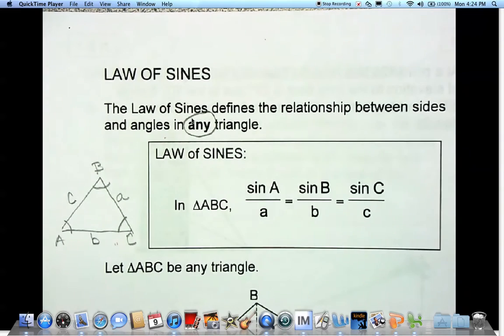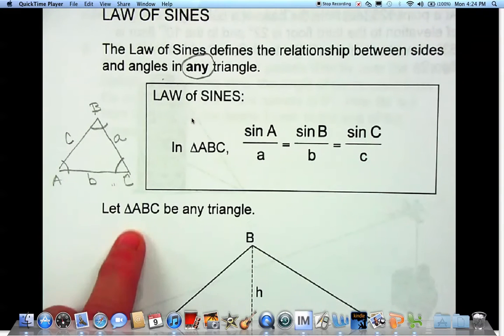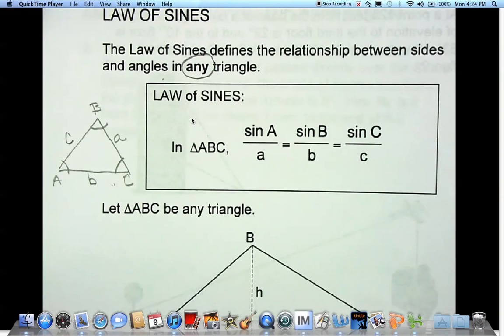So what we're going to do is prove that this is true. It says let triangle ABC be any triangle. So here's A, B, C. If this is angle A, then the side that goes with it would be directly across from it, and that would be little a. This is angle C. The side across from it would be little c.